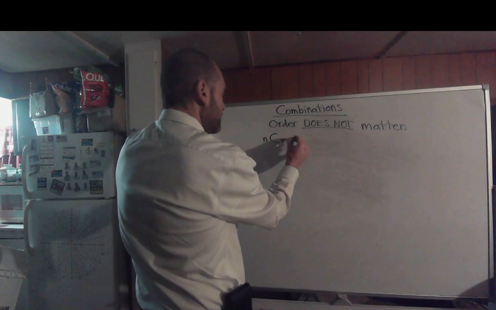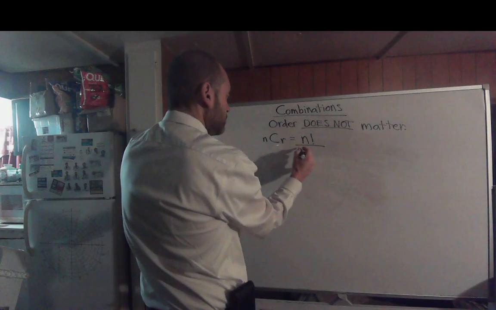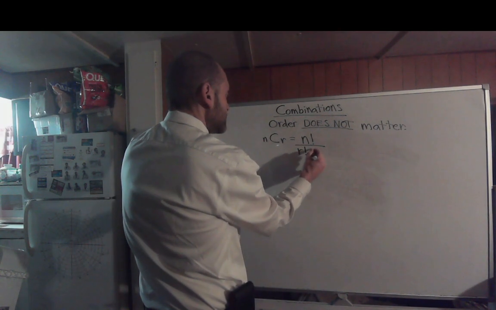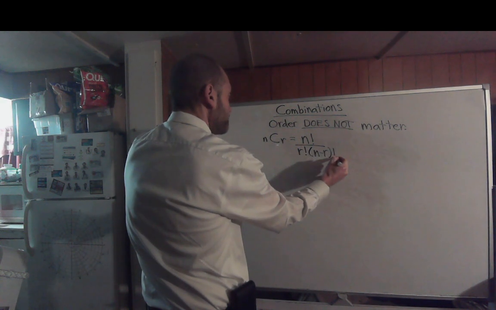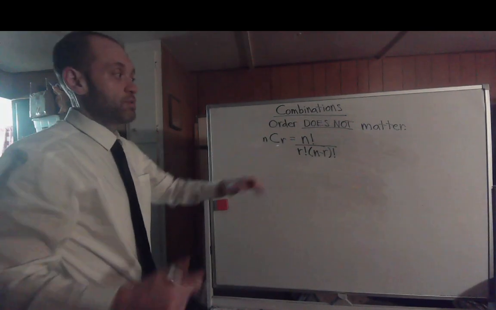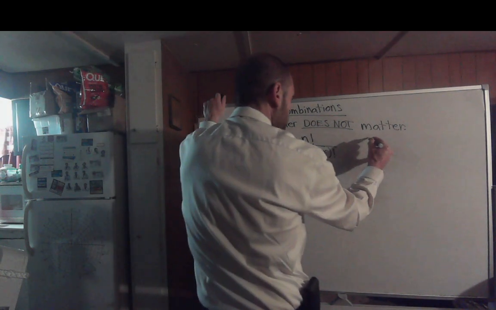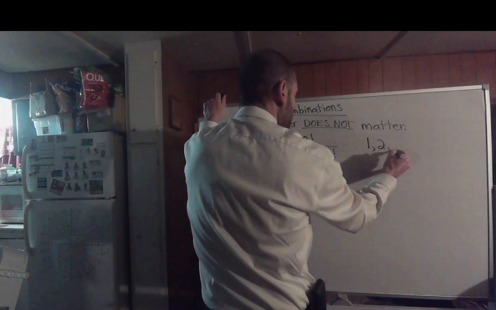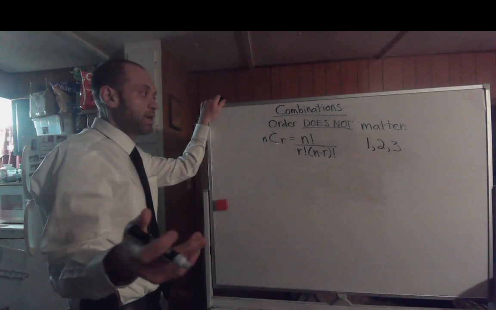That formula is given by n factorial all over r factorial times n minus r factorial, which is actually going to be smaller numbers. You're going to see why in a second. Let's say I take that same number set 1, 2, and 3.